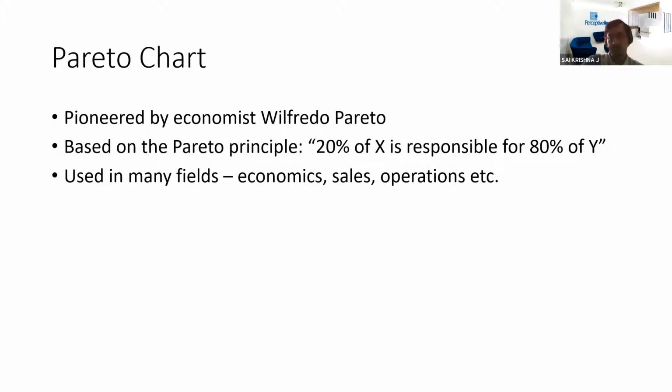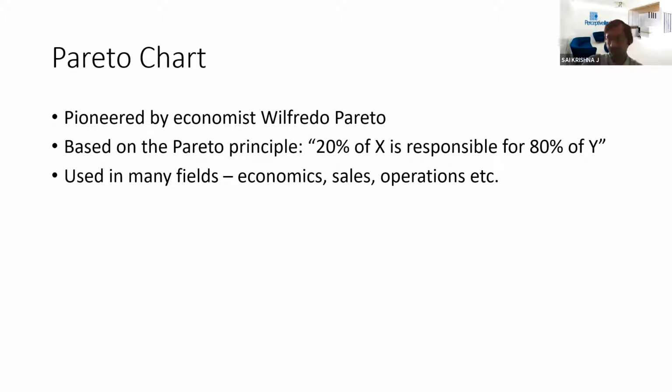In a business scenario, this will be used in situations like 20% of the products being responsible for 80% of the sales. In my previous company, when I was working in retail, we had a very huge list of products, lakhs and lakhs of products which we were selling, but we had something called a long tail.